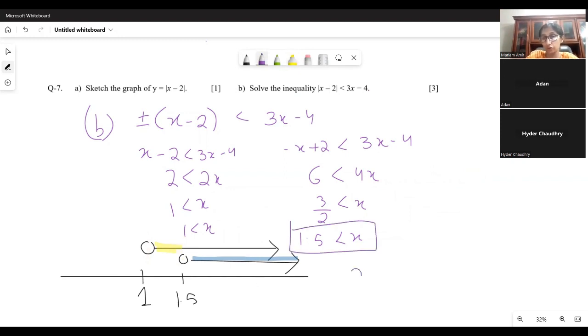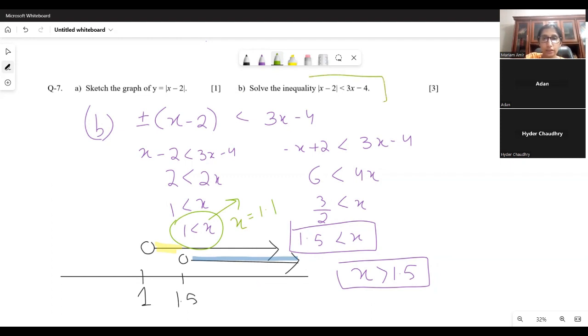What is the other way of checking which of the solutions is correct? Yes, substitute a value in the actual given inequality. So we have to reject this. Let's just check this one. It says x is greater than 1. Take a value slightly greater than 1, for example, x equals 1.1. Now let's substitute it in the actual given inequality.